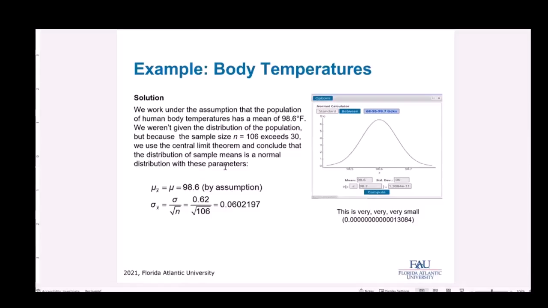Our sample size is big enough to use the central limit theorem. And just like we did before, our mu is the same. Our sigma sub x bar, we had to divide by the square root of 106, and we got this tiny, tiny number. That concludes the PowerPoint part of the presentation.